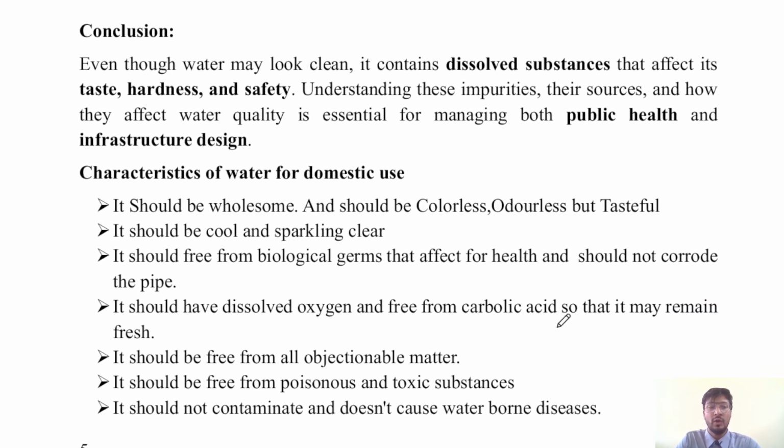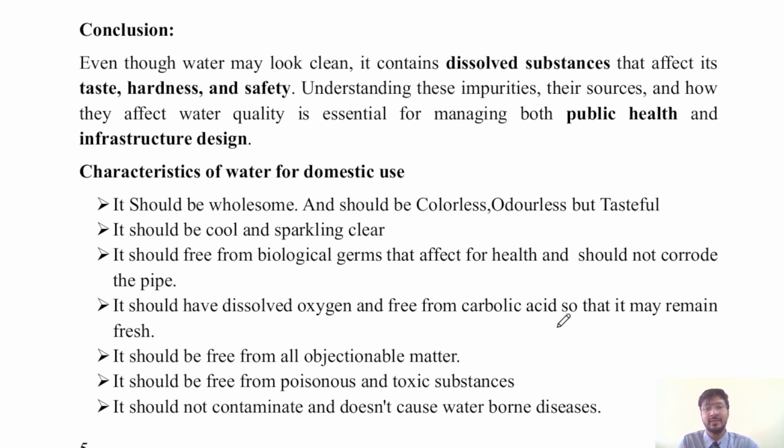Even though water may look clean, it contains dissolved substances that affect its taste, hardness, and safety. Understanding these impurities, their sources, and how they affect water quality is essential for managing both public health and infrastructure design.